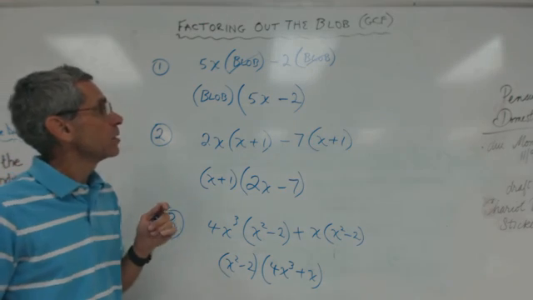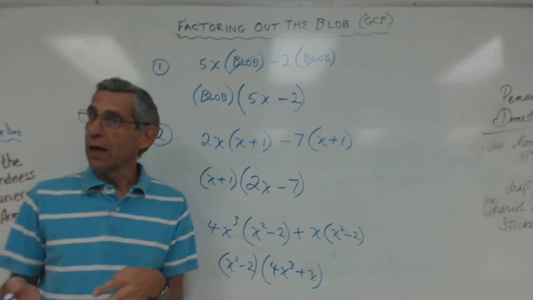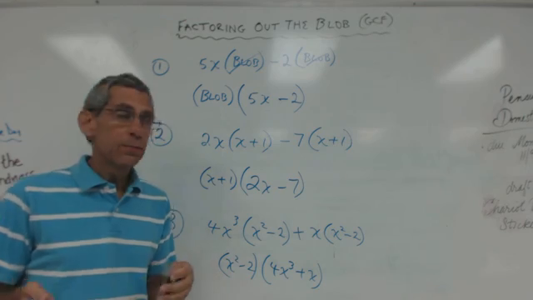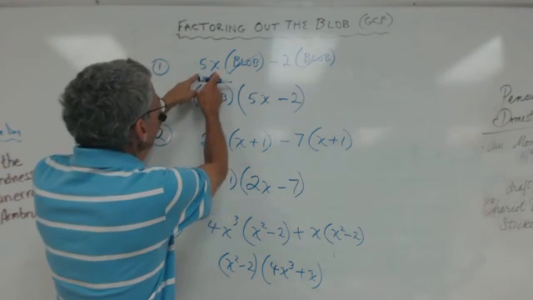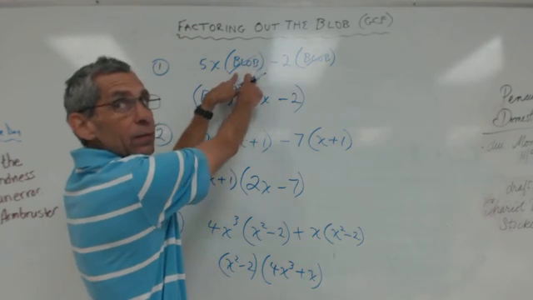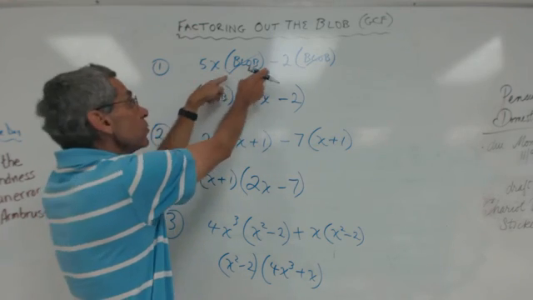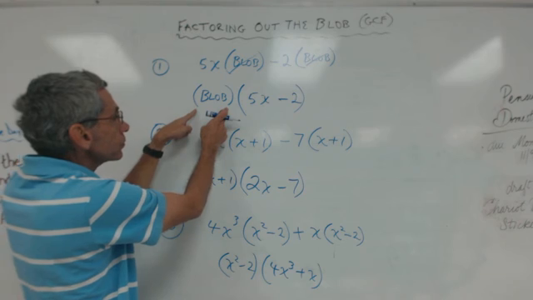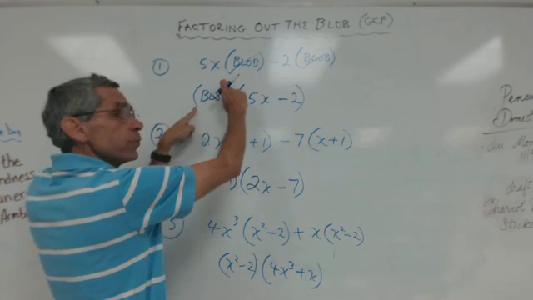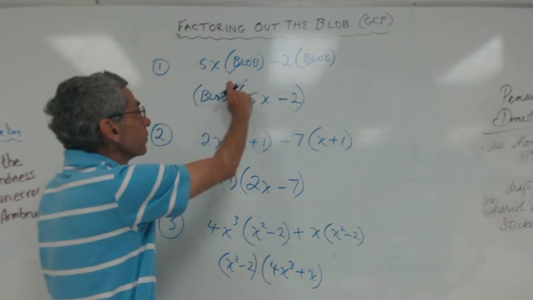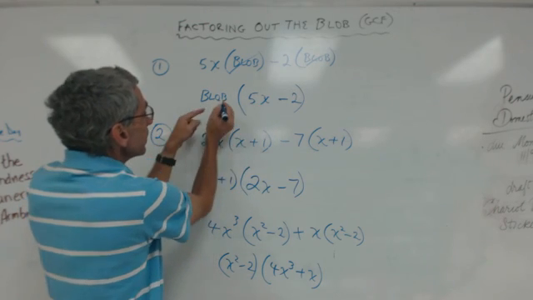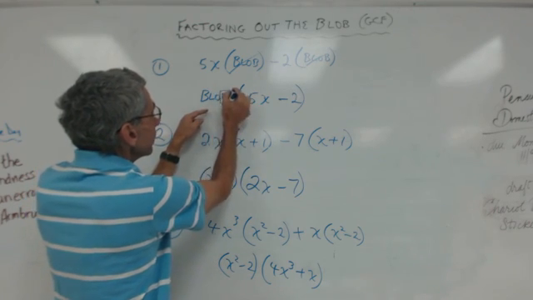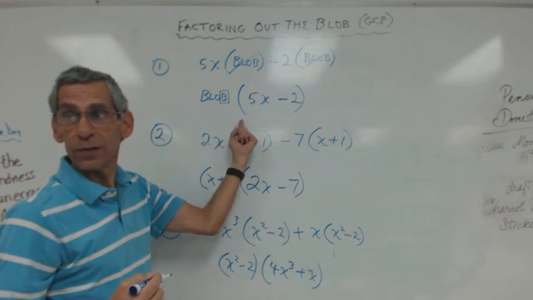Now, somebody asked, why do you have to have the blob in parentheses? Because this blob is multiplying times the 5x. That means everything in the blob is multiplying times the 5x. So when I pull the blob out, if I got rid of this parenthesis, the only thing that's multiplying times this is the b, because the b is next to the parentheses.